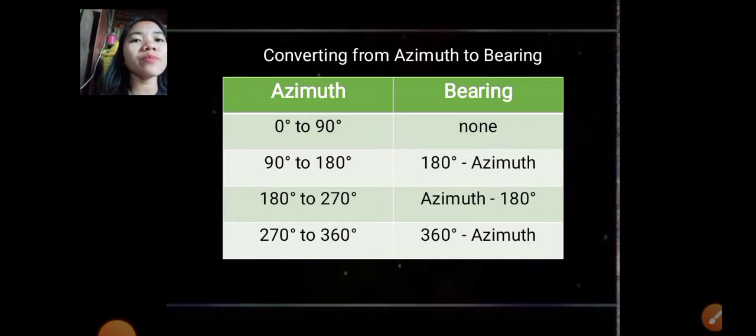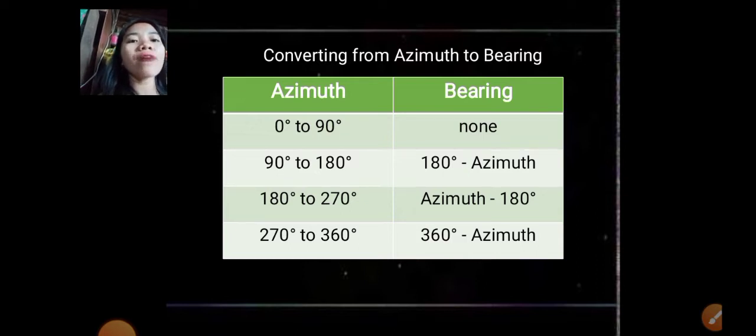Converting from azimuth to bearing. If we have azimuth 0 degrees to 90 degrees, we just copy the azimuth value. Then, for 90 degrees to 180 degrees, our bearing is equal to 180 degrees minus azimuth.